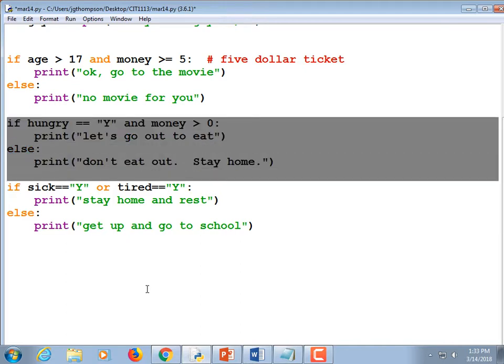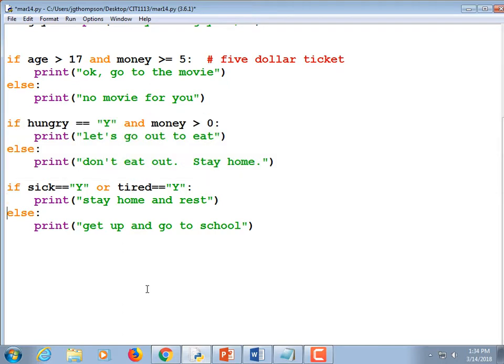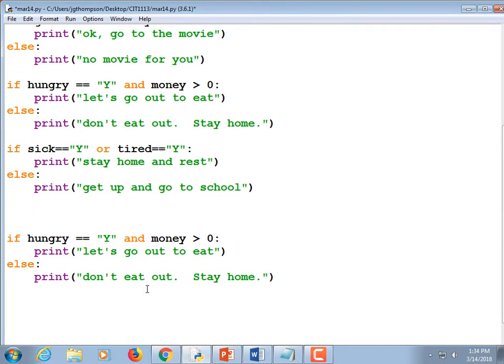You see those 4 lines there? I'm going to copy those. And I'm going to play with the logic, writing it a little bit more complicated so that we don't go out to eat if we are sick or tired. Here's one way to do it.